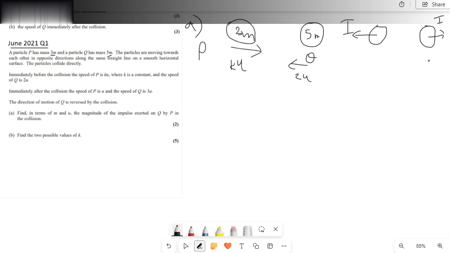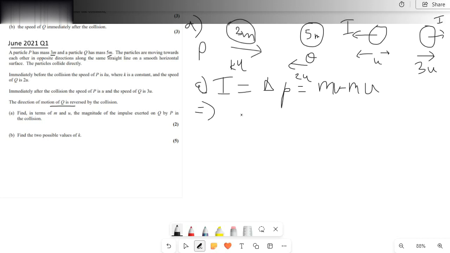And the velocity of P is u, but we don't know the direction, so it could be either here or here. And the motion of Q is reversed, so this should be 3u. So for part A, we can use the formula I is equal to delta P, the change in momentum, mv minus mu.